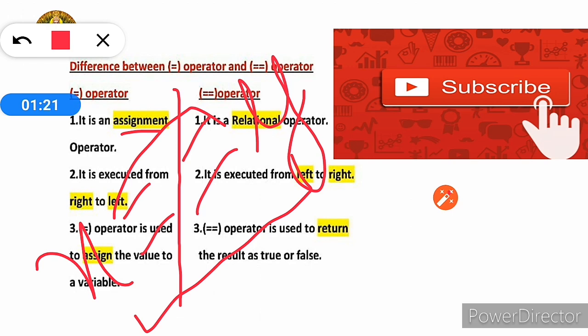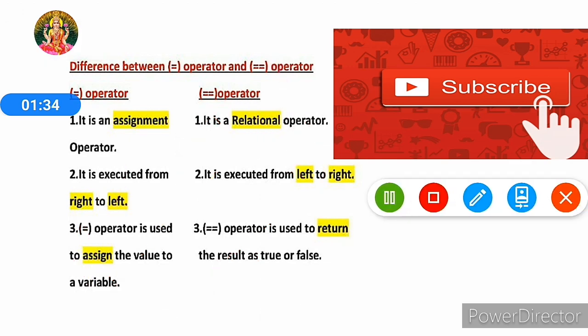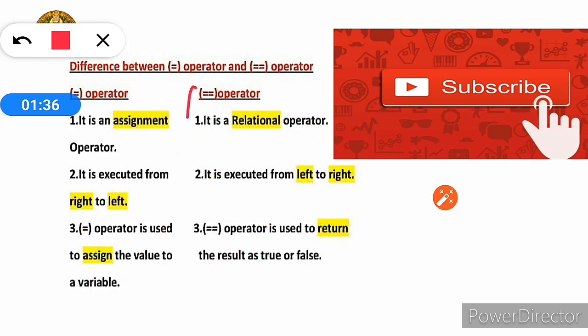If it is not, it will return false, which is 0. And if it is true, if x becomes equal to y, then it will return 1. Till this much, students, it is clear.